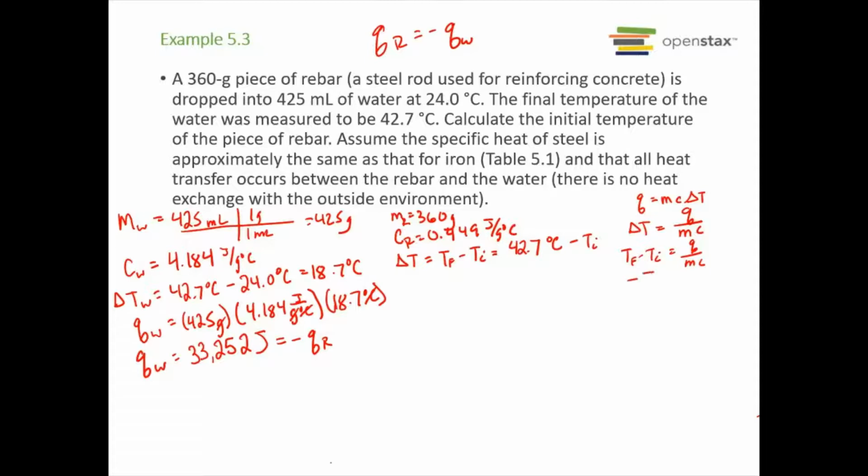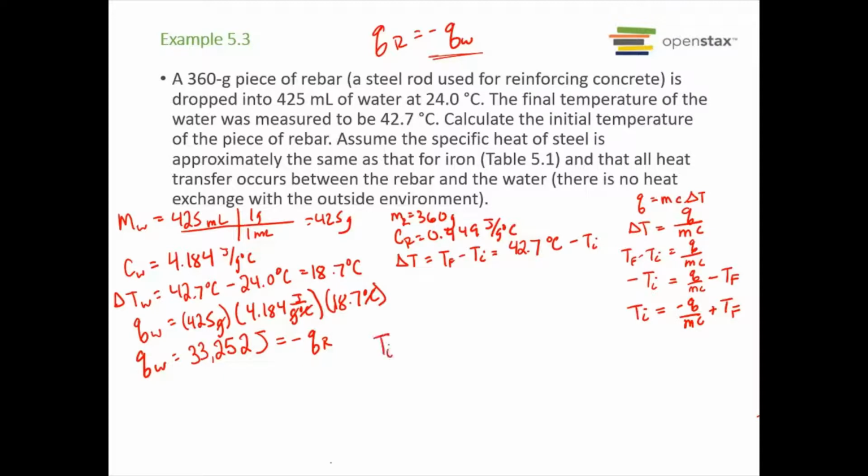Negative T initial is equal to Q over MC minus T final, and multiplying everything by -1, T initial is equal to negative Q over MC plus T final. So now we know that our Q of the rebar is equal to negative Q of the water.